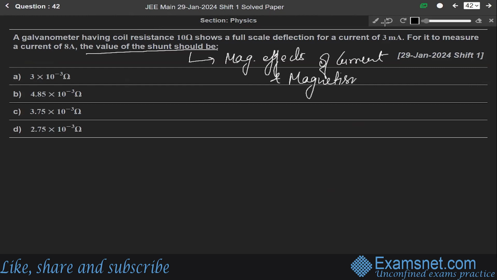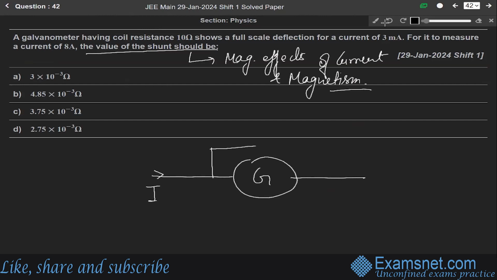Now, according to this question, there is a galvanometer G, current I is flowing through it, and there is a shunt resistance S. A galvanometer having coil resistance 10 ohm shows a full scale deflection for the current of 3 milliampere.